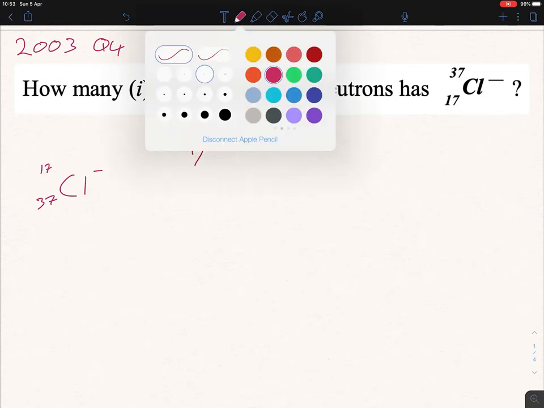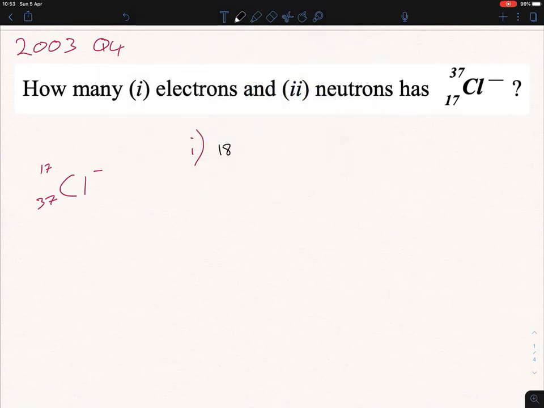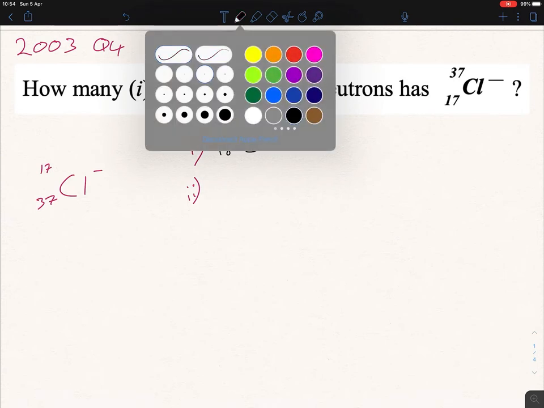So for the electrons, we're going to have 18. If you think about it, we have 17 protons, and if it was a neutral atom, we would have 17 electrons. But we have an extra electron, so 17 plus 1 becomes our 18 electrons. And that's it, don't overcomplicate it. You're not asked for anything else apart from that.